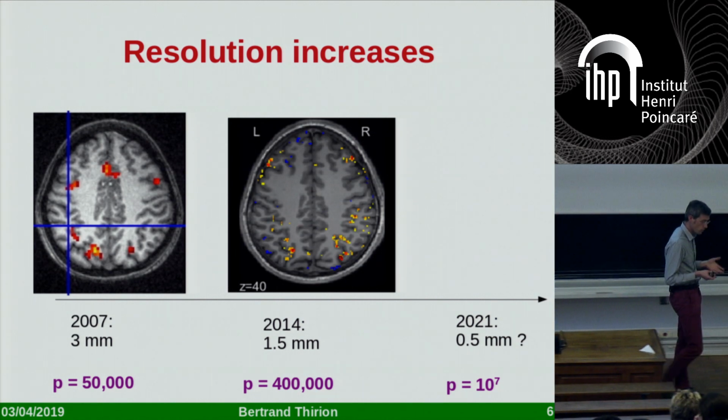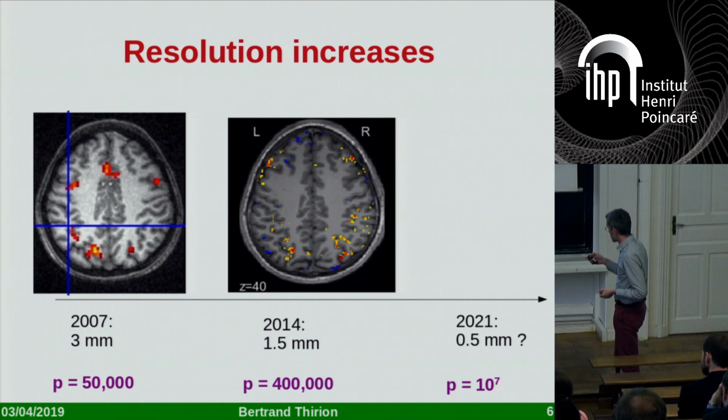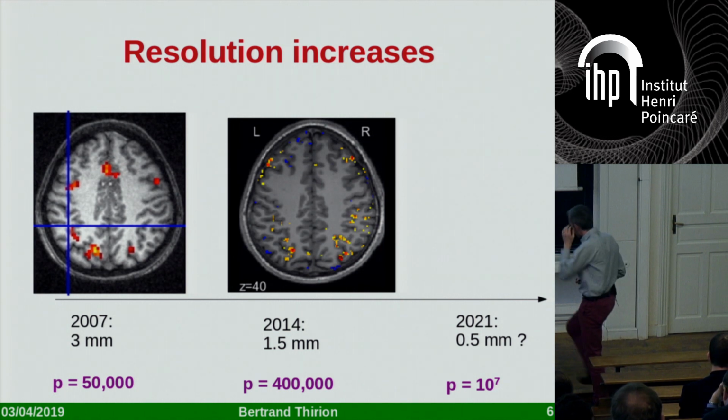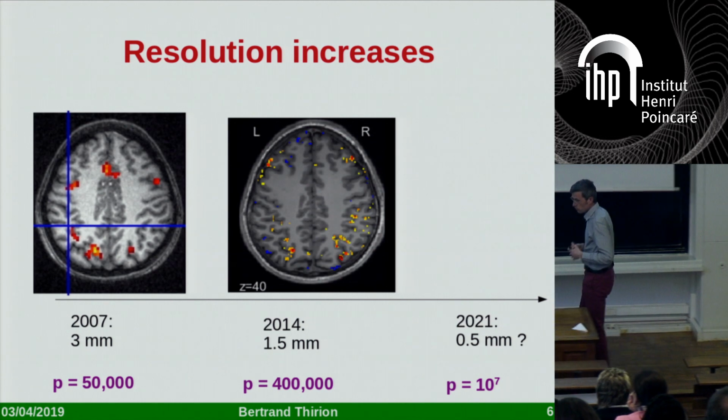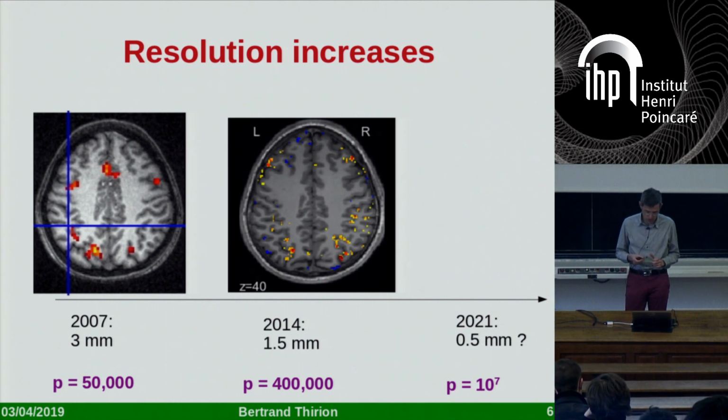In the coming years, we want to arrive at about 500 microns, which to cover the brain would need about 10 million voxels. Of course, this is important to increase the specificity of the findings, the local specificity of brain structure. But on the other hand, you can guess that for statistical analysis, this is really a burden.